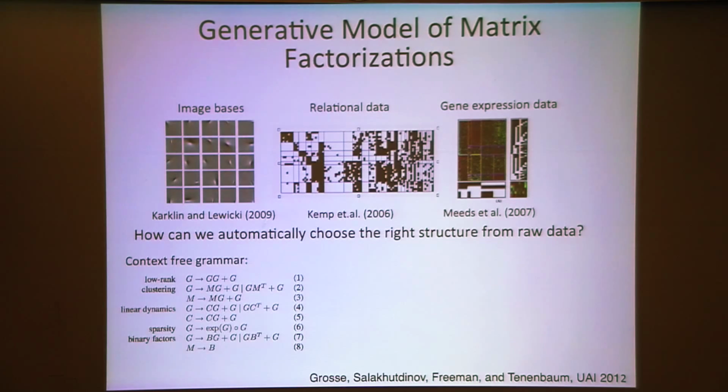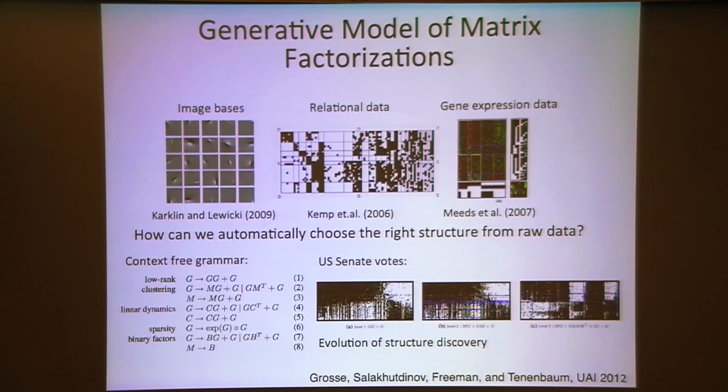The idea here is that you can go above just defining simple tree-based hierarchies, and try to define context-free grammars. And based on that, you can use more sophisticated techniques and try to figure out what kind of structure you see in the data. And Roger is here, so if you want to know more about this work, you should talk to him.